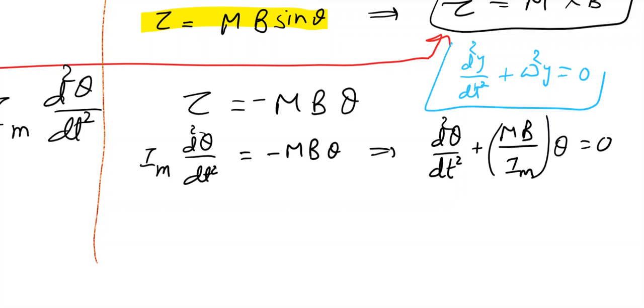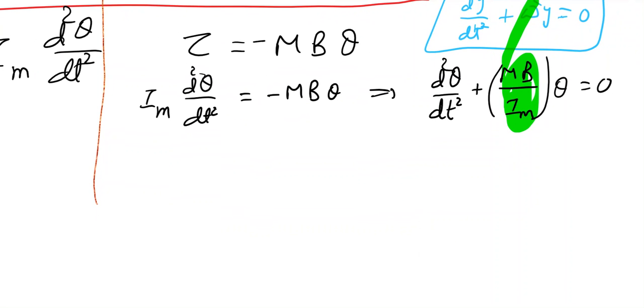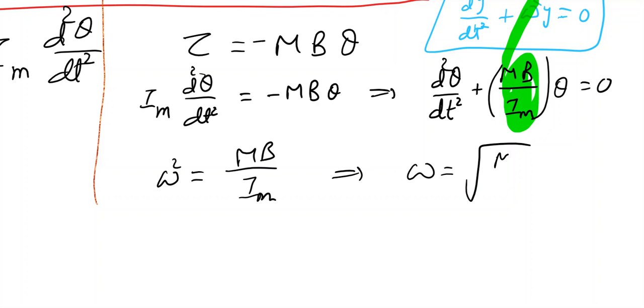We had a similar equation in the topic of simple harmonic motion. So comparing the two, we realize that omega square is nothing but mb by Im. So omega square is mb by Im, or else I can write omega as root mb by Im.